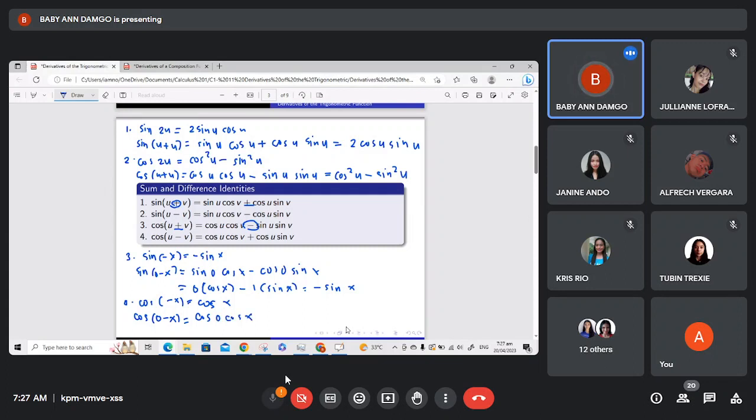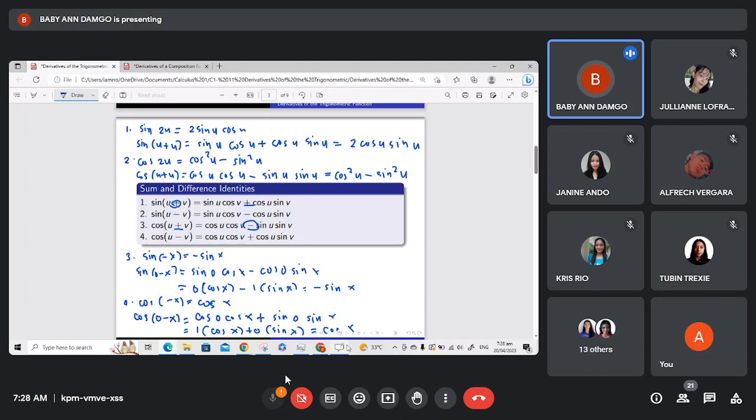So this is negative, so positive. Then, sine sine. So, sine 0, sine x. Okay. So, cosine 0 is 1 times cosine x. So, sine 0 is 0 times sine x. Okay, which is equal to cosine x.